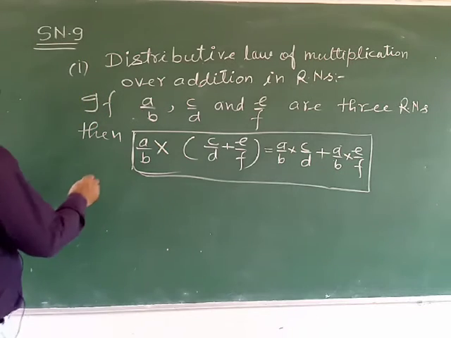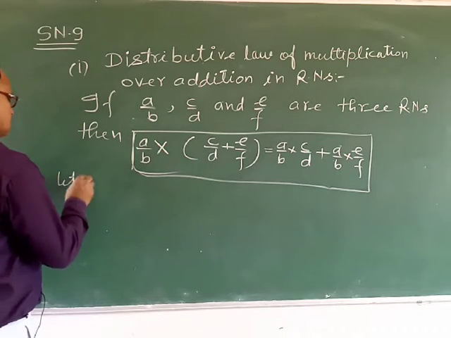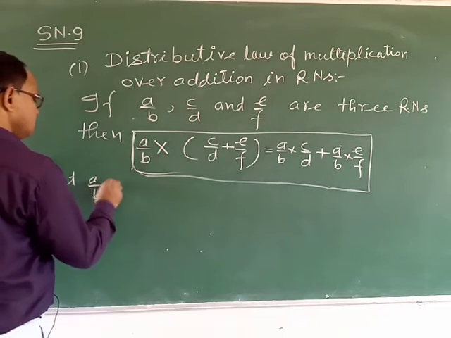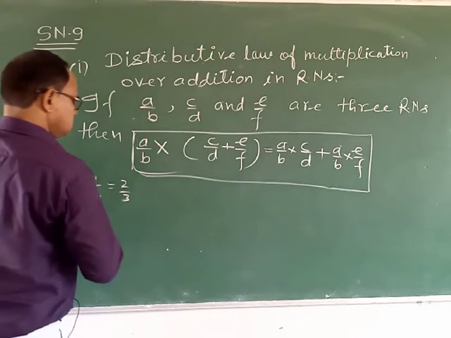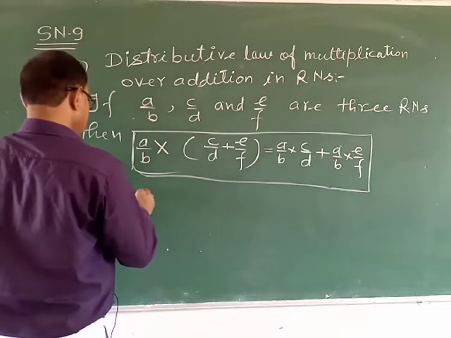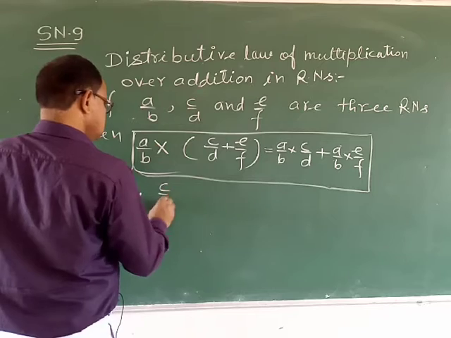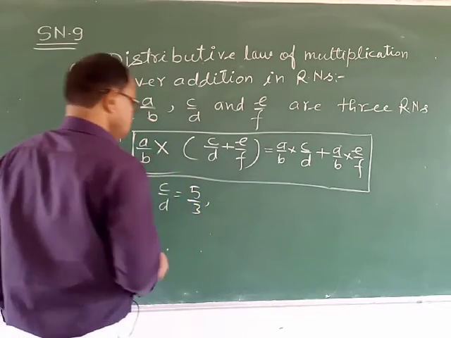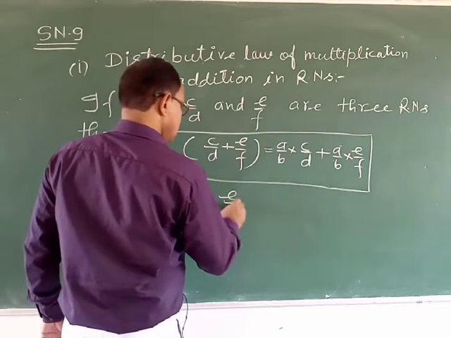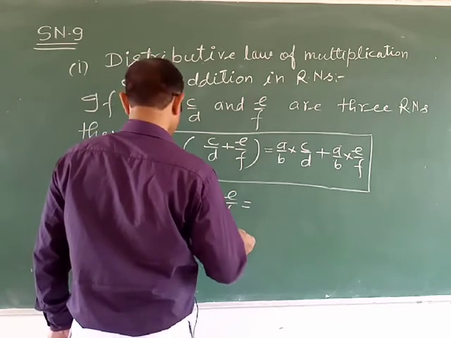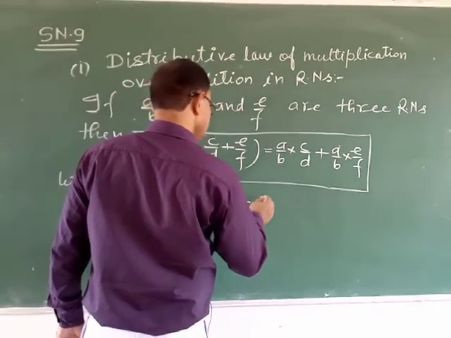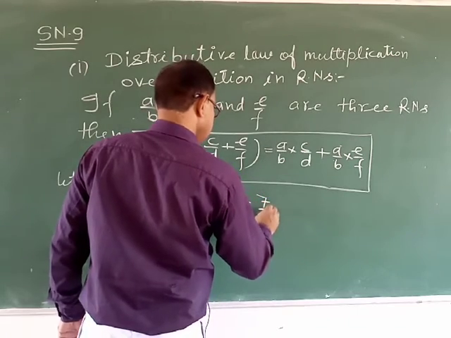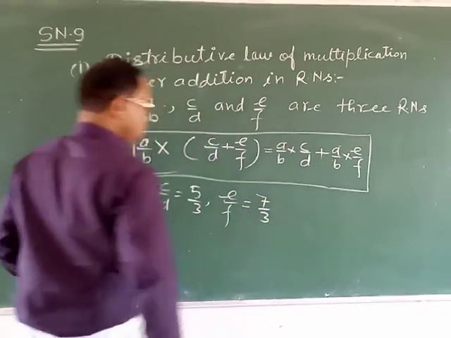Okay, look here. Let A by B is equal to 2 by 3, C by D is equal to 5 by 3, and E by F is equal to 7 by 3.